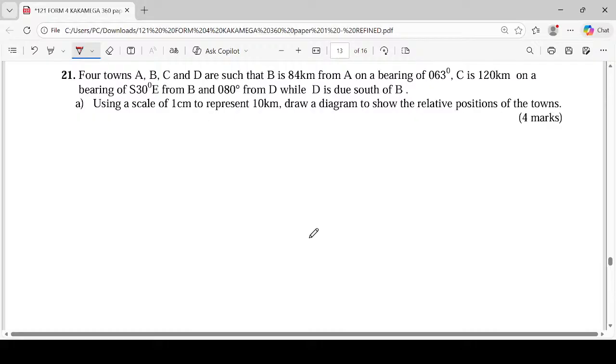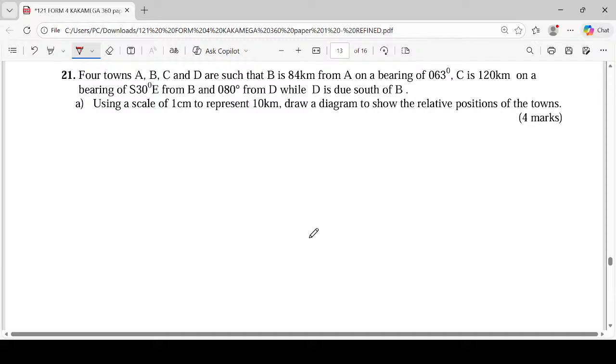C is 120 kilometers on a bearing of south 30 degrees east from B and 80 degrees from D, while D is due south of B. Using a scale of 1 centimeter to represent 10 kilometers, draw a diagram to show the relative positions of the towns.